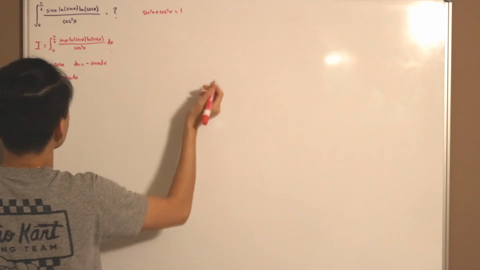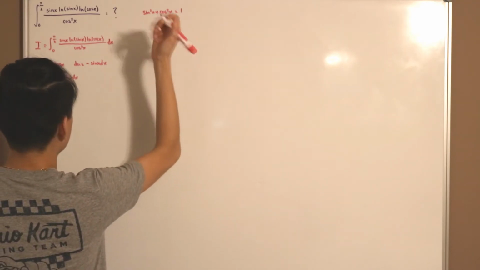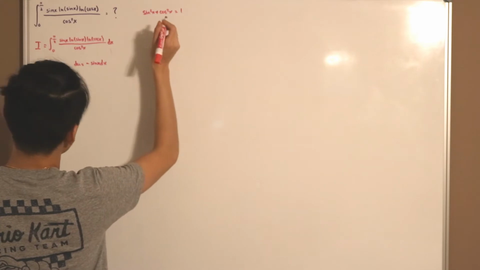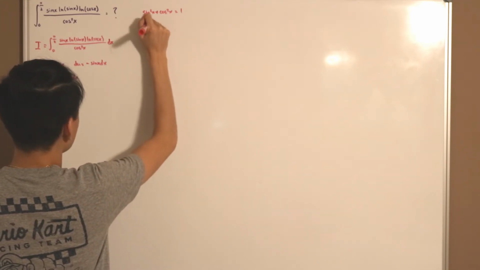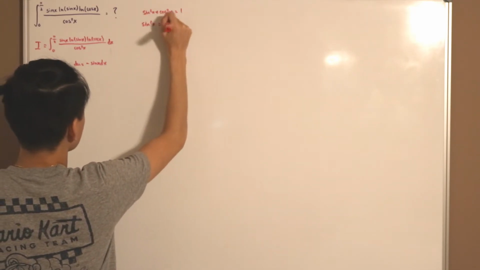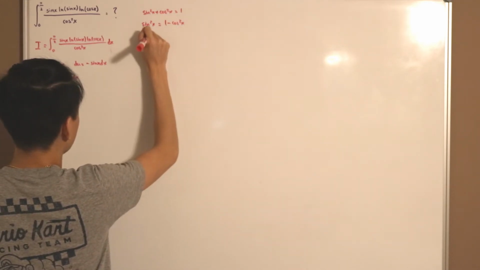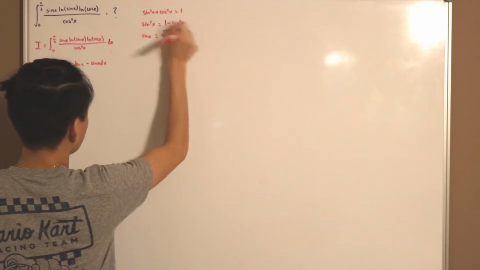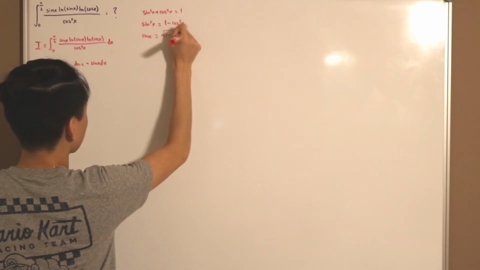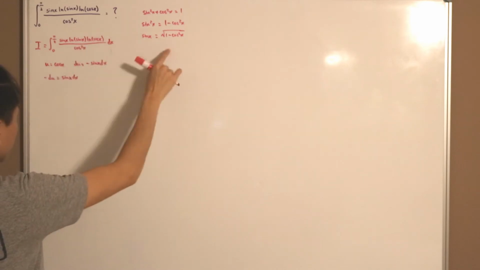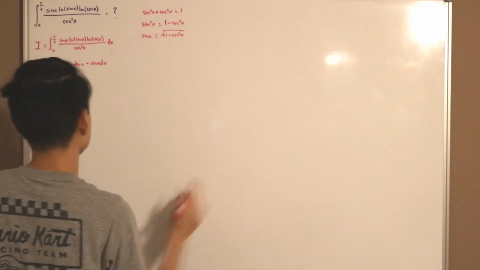Then we can solve for sine of x. We can subtract cosine squared of x from both sides, and then take the square root of both sides. So sine of x equals the square root of 1 minus cosine squared of x. And in terms of u, it's just the square root of 1 minus u squared.